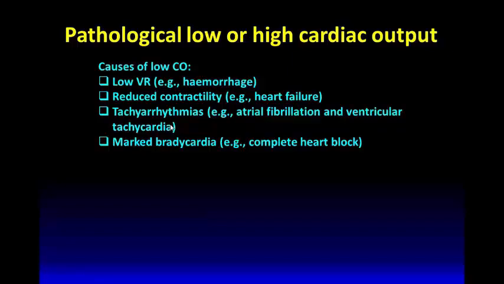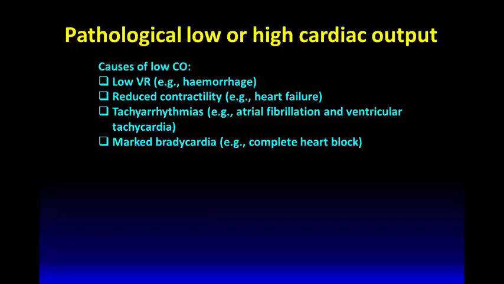Because in these conditions, the period of diastole is shortened very much, so there will not be enough time for the left or the right ventricle to get filled with enough blood. Hence, end-diastolic volume is compromised and the cardiac output is decreased.